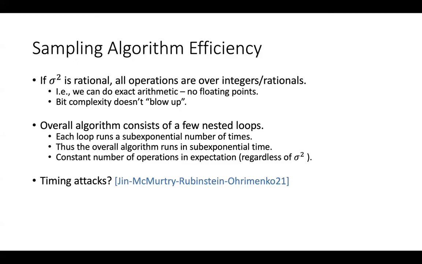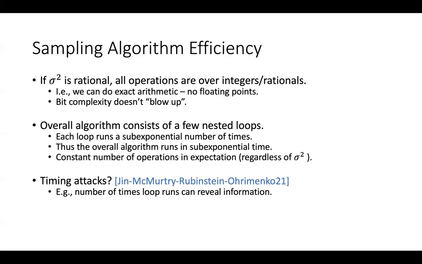So there was some follow-up work that asked the question, okay, is the algorithm susceptible to timing attacks? If I know how long it took to sample the noise, does that tell me something about the value of the noise and thereby about the private information?